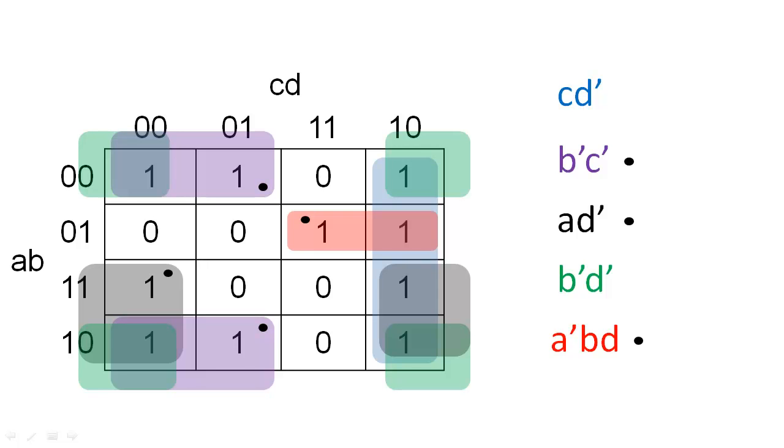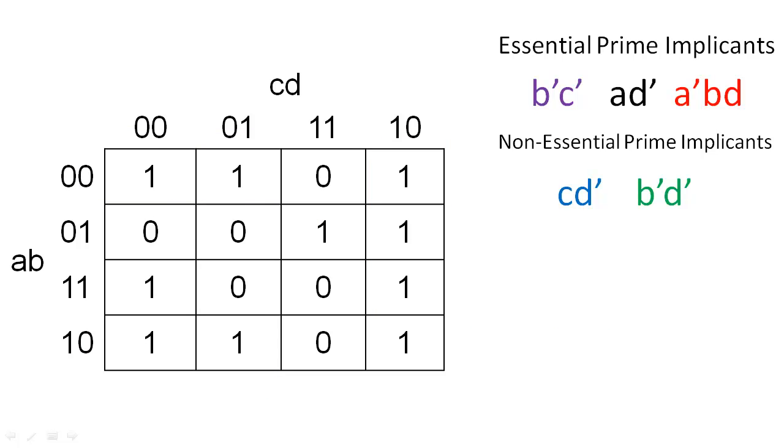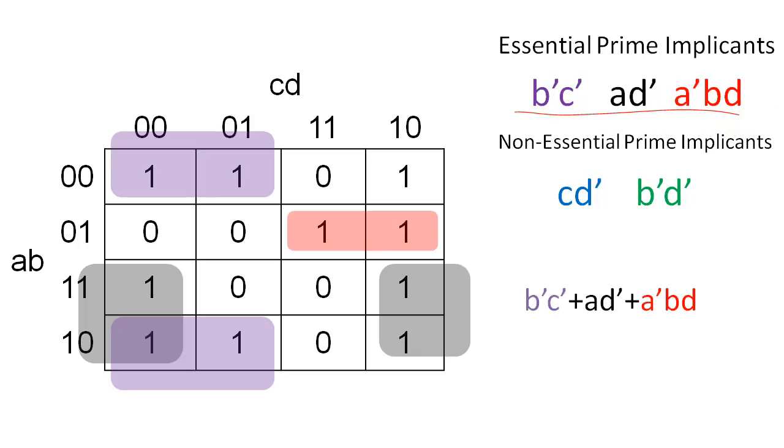These dotted prime implicants are essential because they are the only prime implicants that cover the dotted cells. The remaining other 2 prime implicants are non-essential prime implicants.